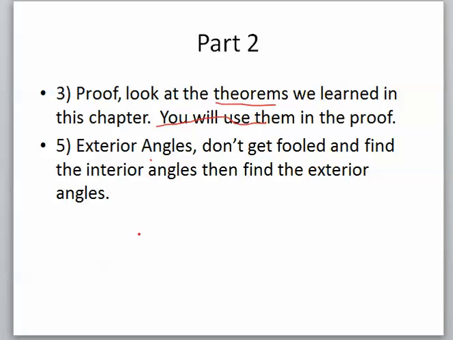Don't get fooled and try to find the interior angles when I'm looking for the exterior angles. I'm going to give you equations for the interior angles, and you're going to go, well, how do I use that to find the exterior angles? You find the interior angles first. You subtract them from 180, and that gives you the measure of the exterior angles. It will not be that difficult, but just don't get confused as to what you're looking for.